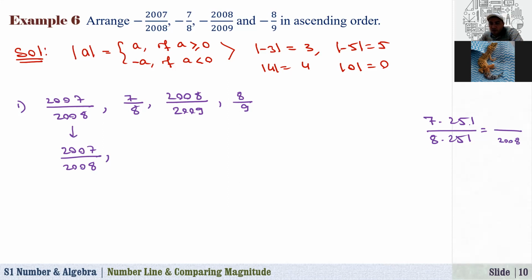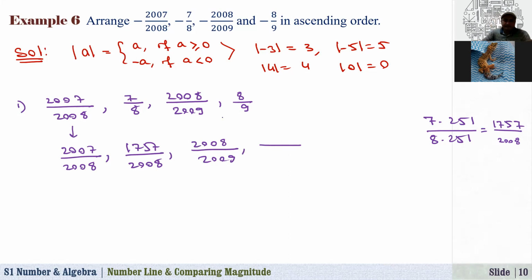How about 7 times 251? 7 times 5 is 35, carry 3, 14, it is 17. So now I can multiply both by 251, and that is equal to 1757 over 2008. The next one is 2008 over 2009, and also here I can multiply this 9 by 2009.